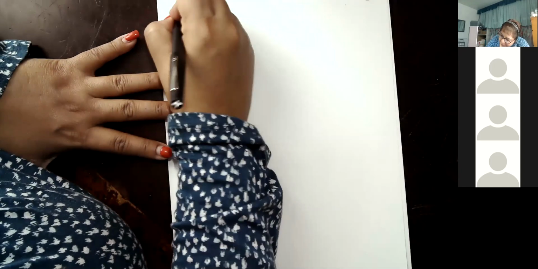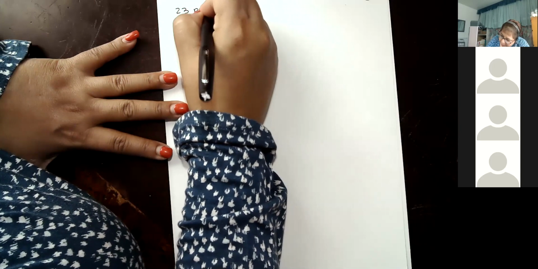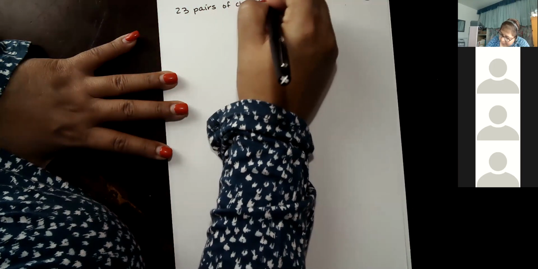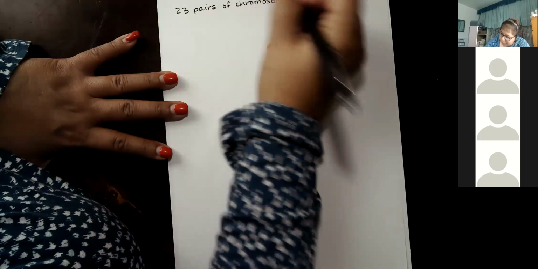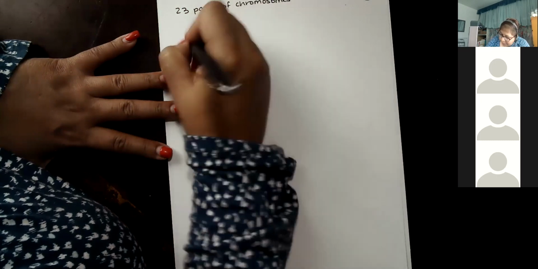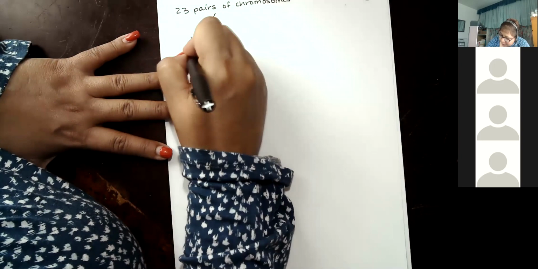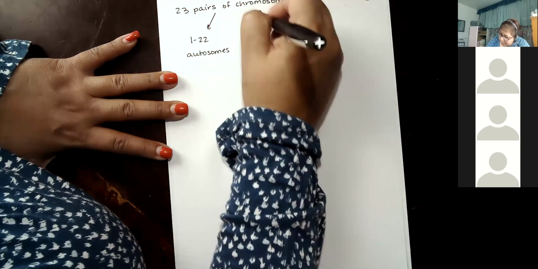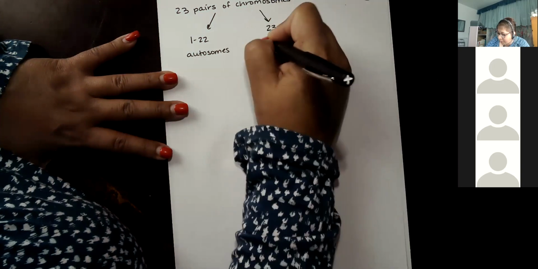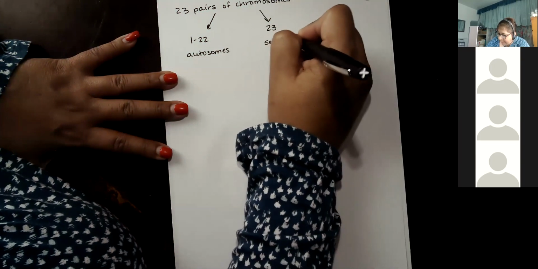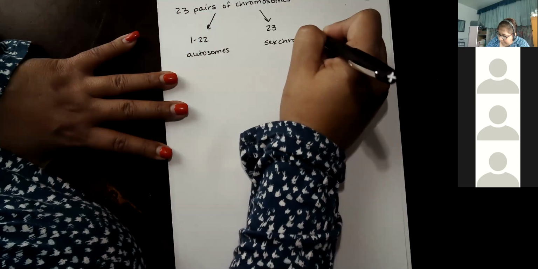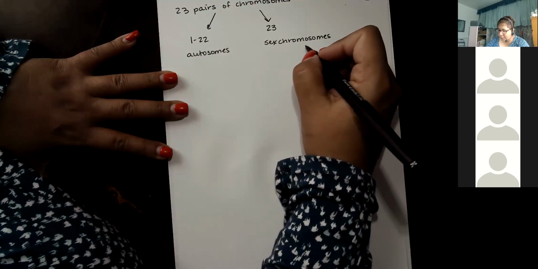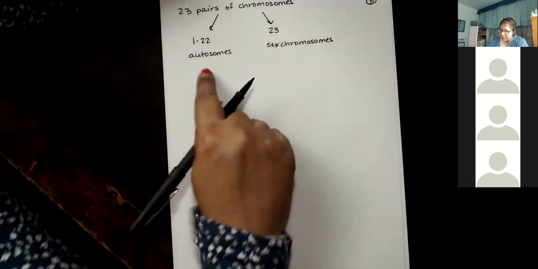We have 23 pairs of chromosomes as humans. That is your chromosome number. Pairs 1 through 22 are called your autosomes. Pair number 23 are called your sex chromosomes. These, of course, have to do with sex determination, but your autosomes don't.